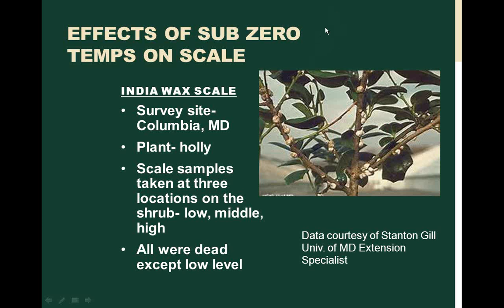So they have some of these protective substances within their bodies that they manufacture that protects them from very cold temperatures. So what they concluded is that we might get some mortality with emerald ash borer, but it's not going to be the 100% kill they were hoping for.